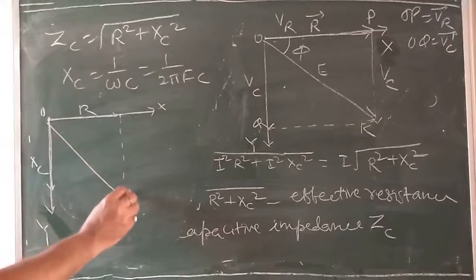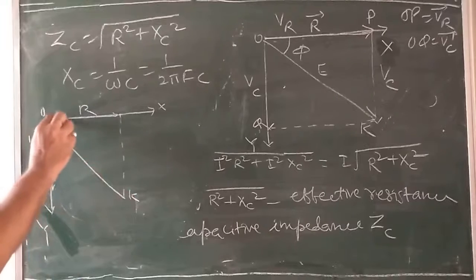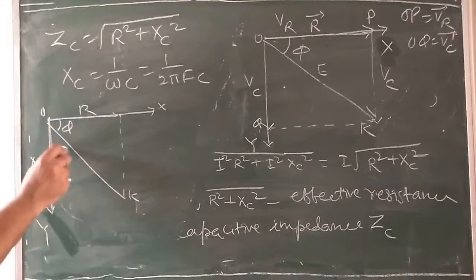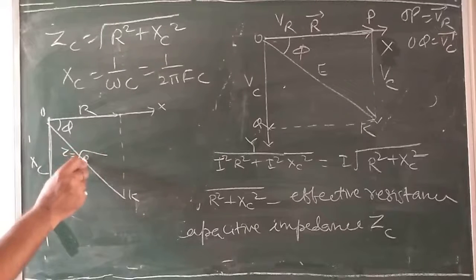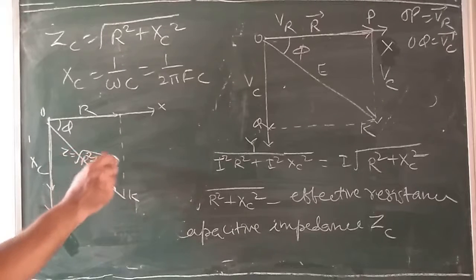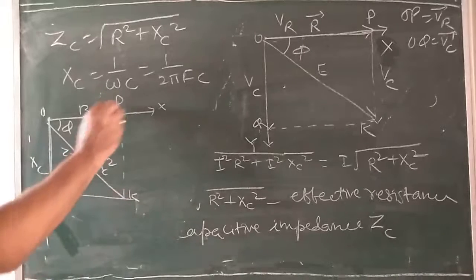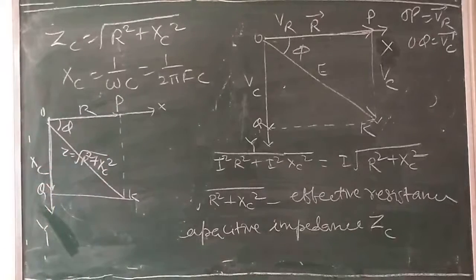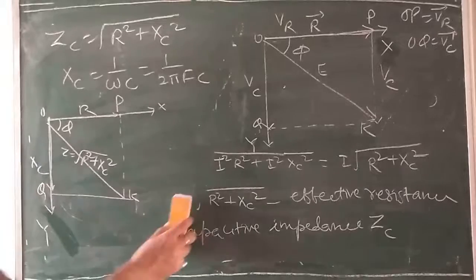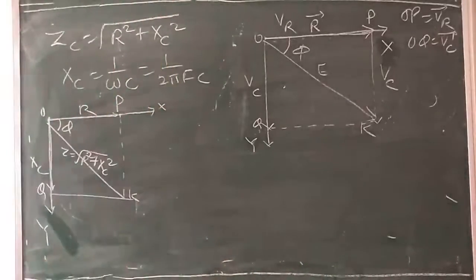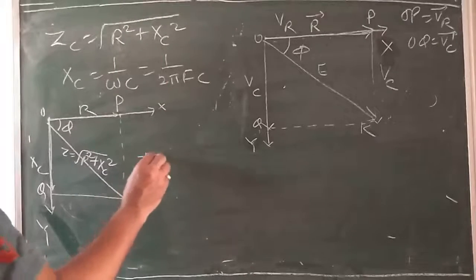This is here K, this angle is phi. So I can say the impedance is equal to under root of R square plus XC square. This is P, this is Q.